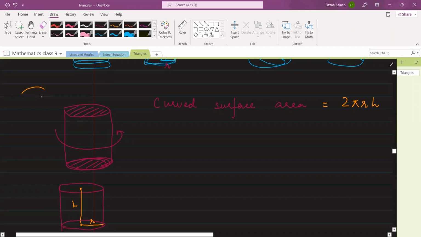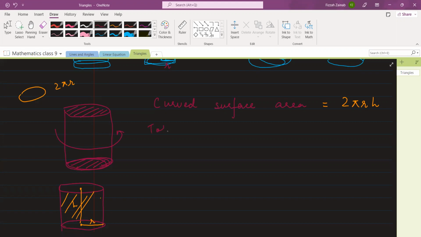The circumference of the circle is 2 pi R, right? Yes, ma'am. And then you are just multiplying it with the height. So you get this complete curved surface area. So this is 2 pi RH.